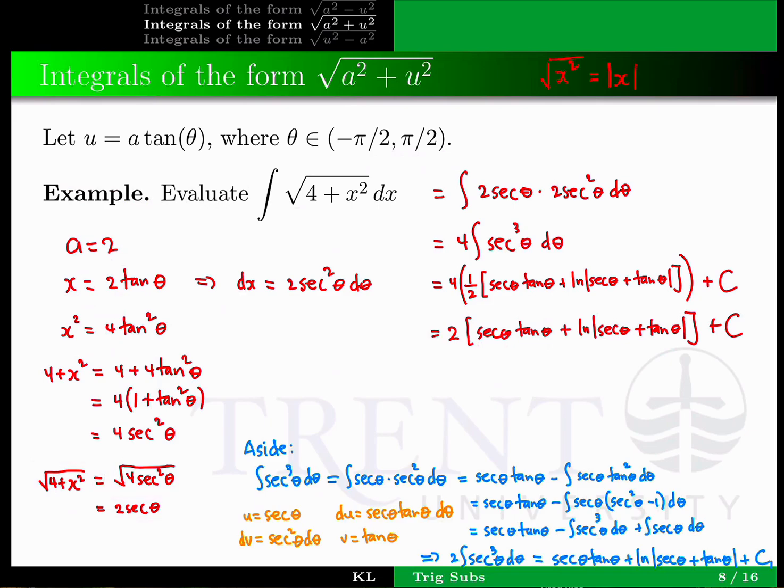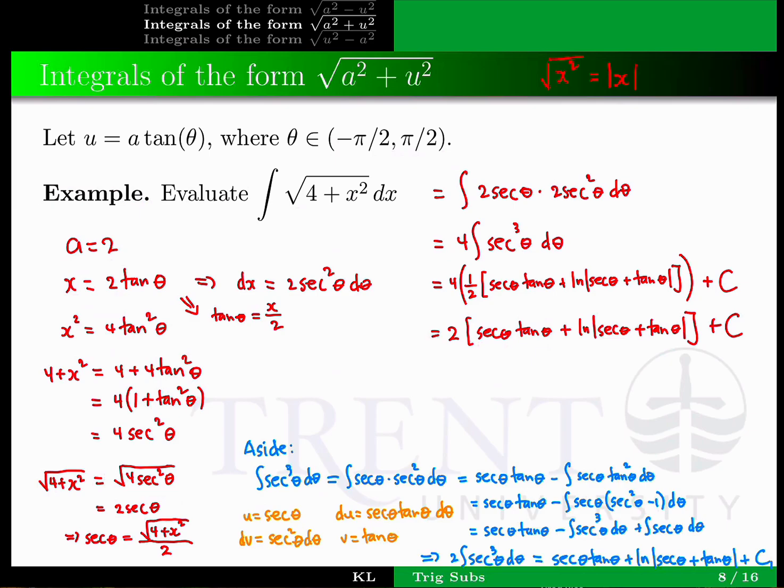So if we do that, you will have tangent theta equals x over 2. And then from here, your secant theta equals the square root of 4 plus x squared, divided by 2.